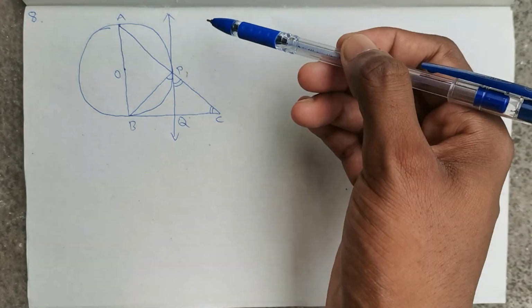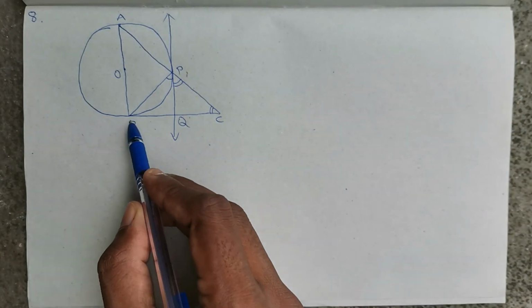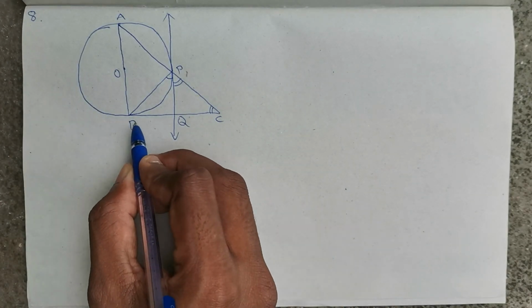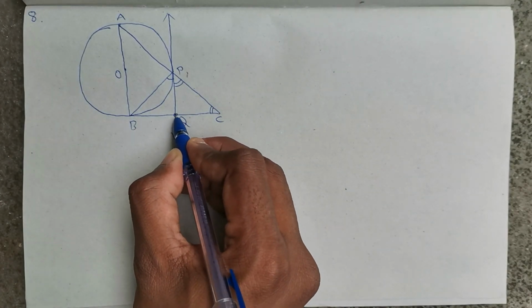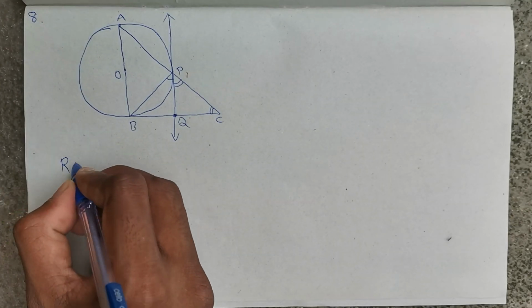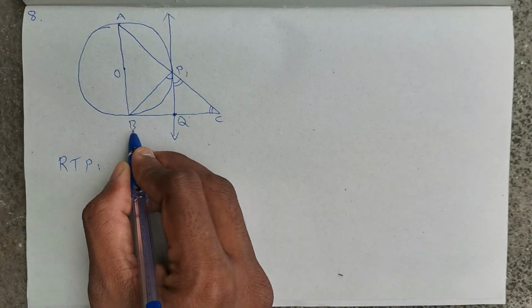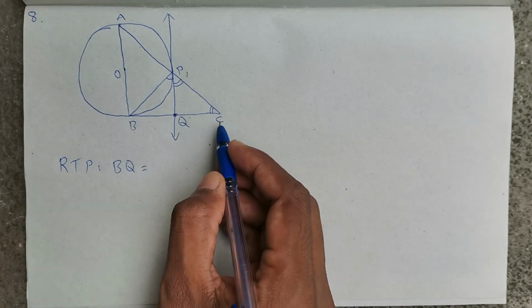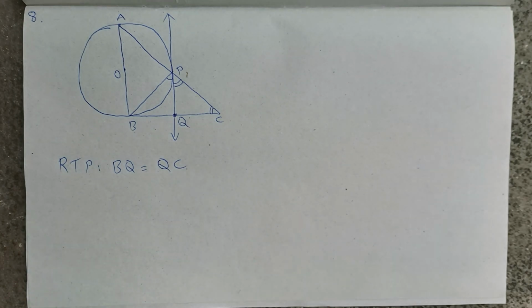So he is saying very clearly this tangent is bisecting this line BC. That is our work to prove. So it means this Q is exactly the midpoint of this BC. It means required to prove is BQ is equals to QC. This is the only thing he is asking to prove.